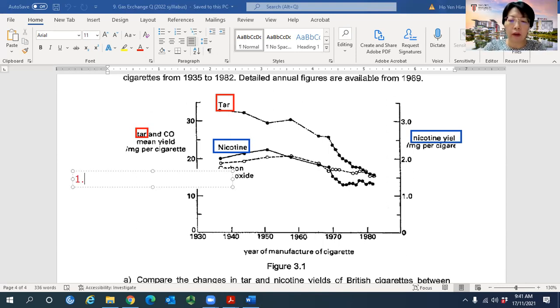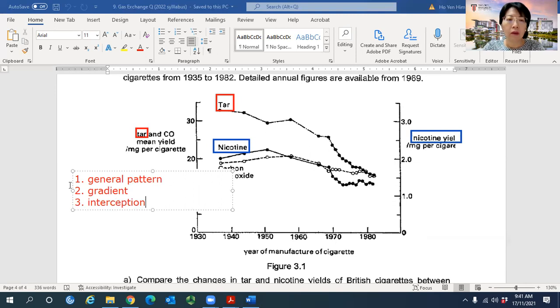Okay, so every time when you want to describe a graph, first step is you give the general pattern. I already mentioned general pattern for both of them. Then you can talk about the gradient, talk about the interception if there's any, okay, and you need to quote figures, a pair of figures.